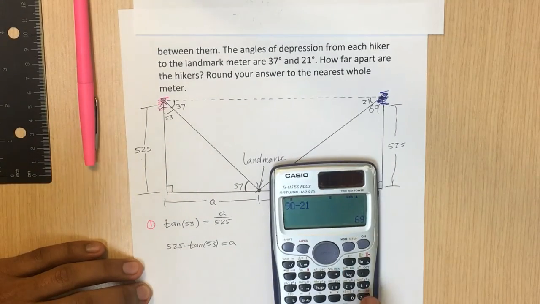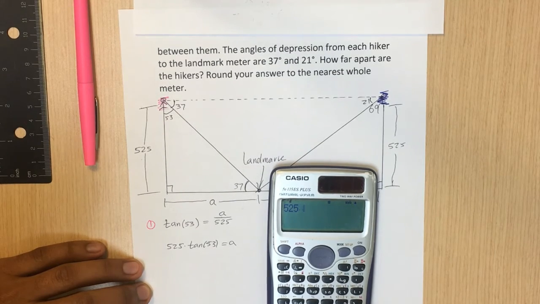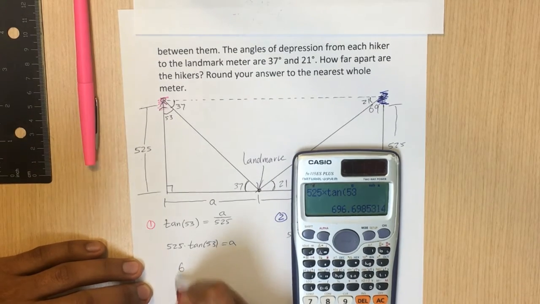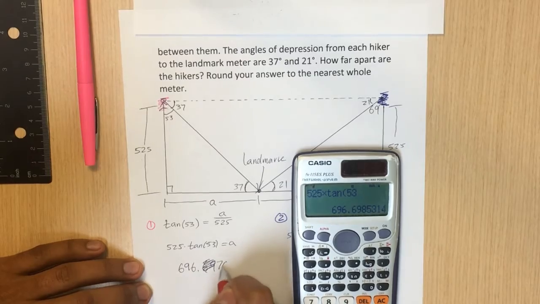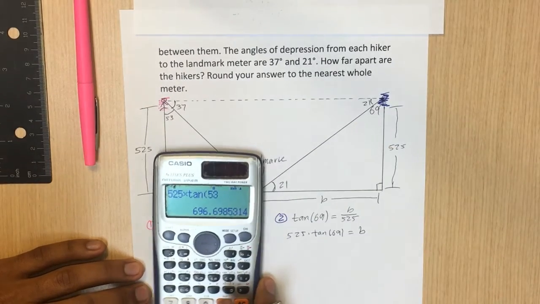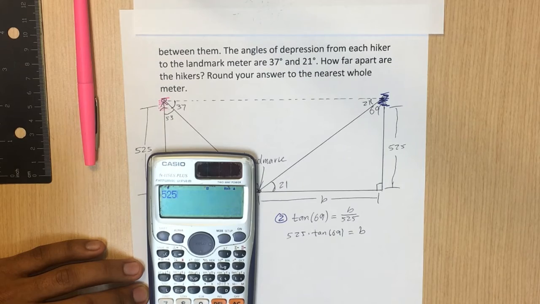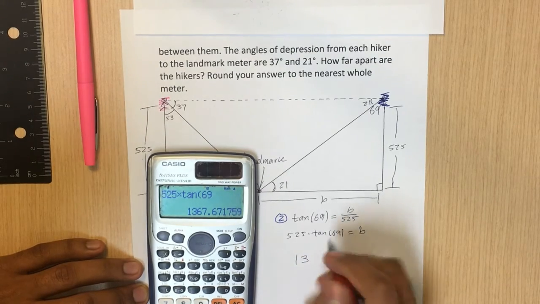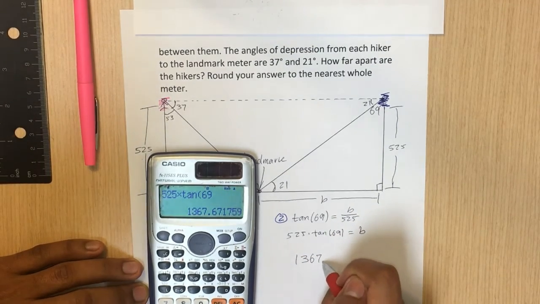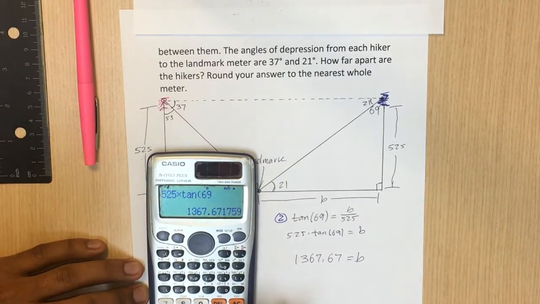So let's go ahead and do that. And we have 525 times tangent of 53, and we get 696.70, equals a. And then here we have 525 times tangent of 69, and we get 1,367.67, and that's equal to b.